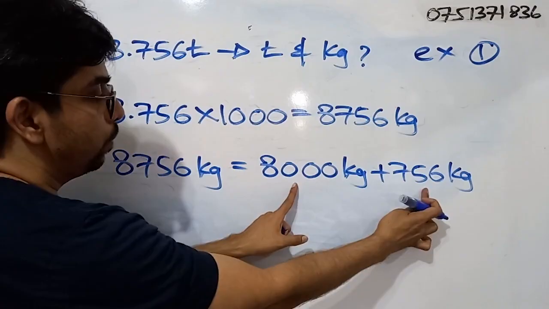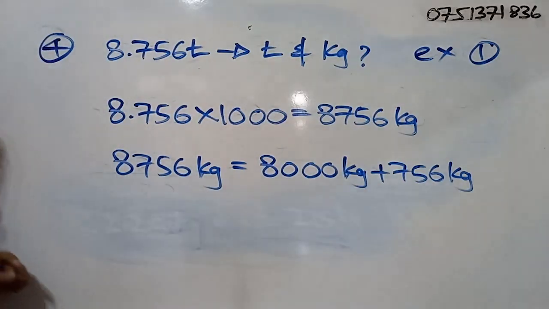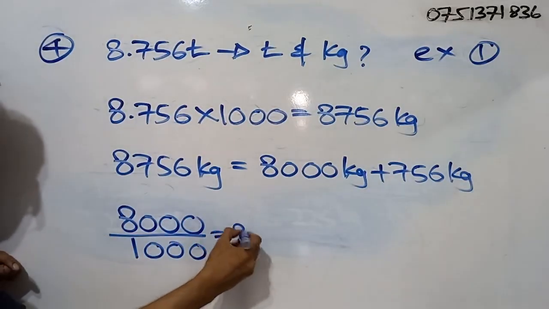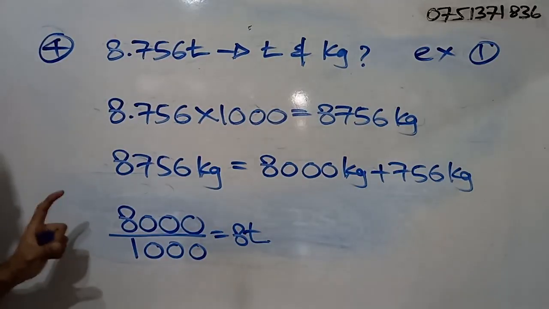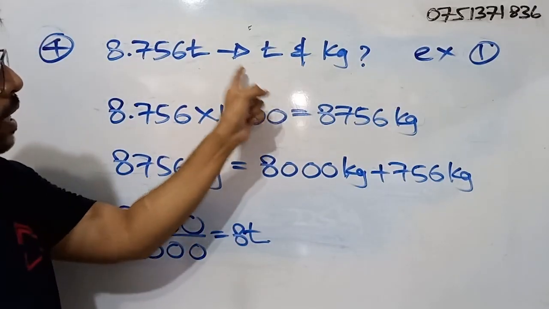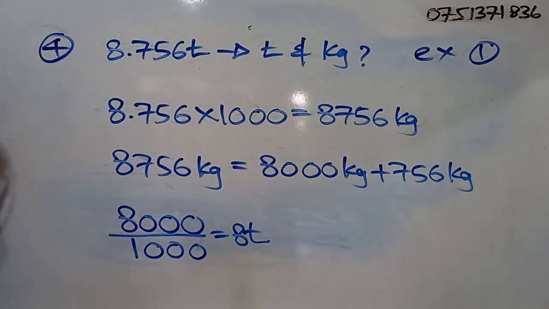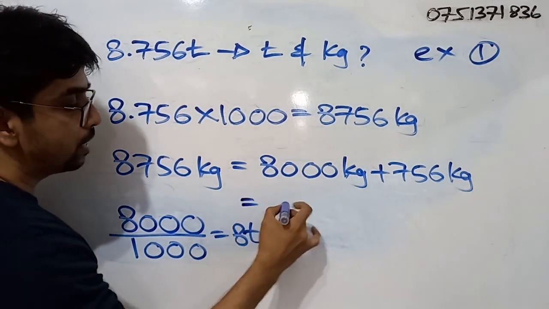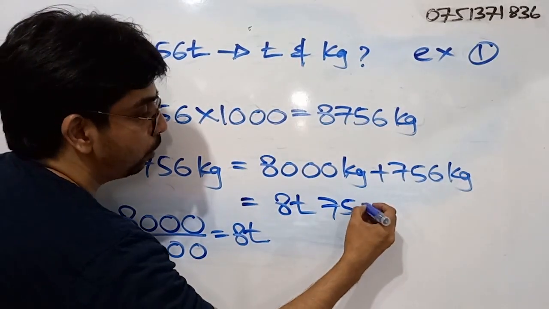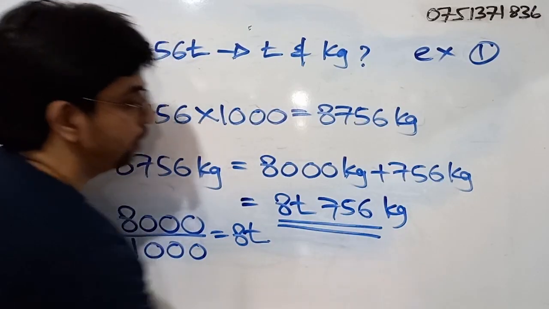If we add these two values together, we get this value. Now 8000 kilograms, if we divide it by 1000, what do we get? 8 tons. They are asking us to give the final answer in tons and kilograms, right? So 8000 kilograms is 8 tons. Then write the remaining amount of kilograms, 756 kilograms. So that will be the answer.